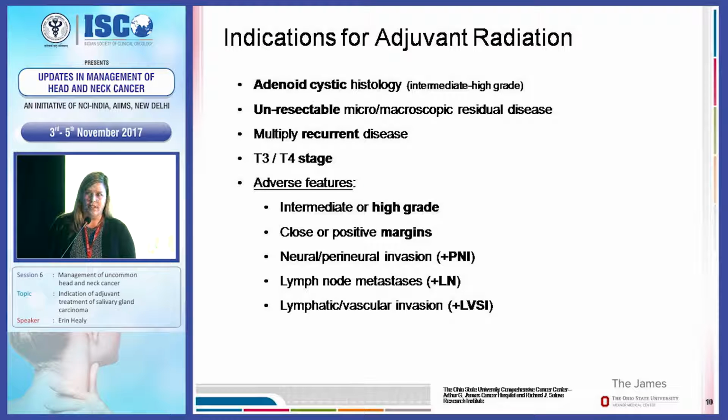Typically, T3 and T4 disease that has gone out of the parotid gland is an indication. And then even for low-grade tumors, if you have any of the adverse features aside from grade, like positive margins, close margins, perineural invasion, lymph node metastases, or lymphovascular invasion, those are also indications for adjuvant radiation.